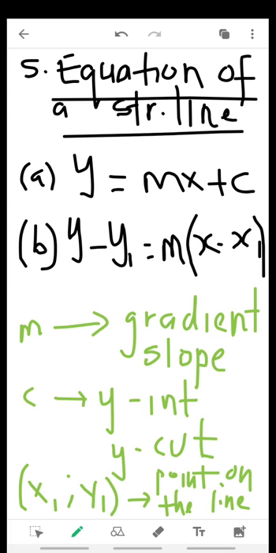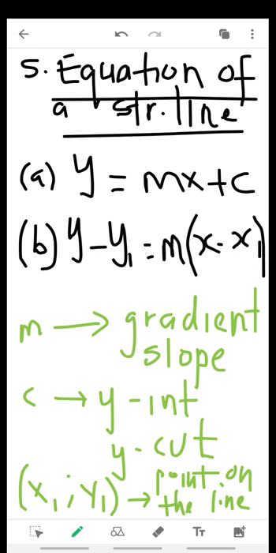We have two forms of an equation of a straight line: y equals mx plus c, and y minus y1 equals m(x minus x1). You can use any of the two. You have to use one of the two. You choose which one you like, but it's best to know both of them because sometimes questions may force you to use a specific form.